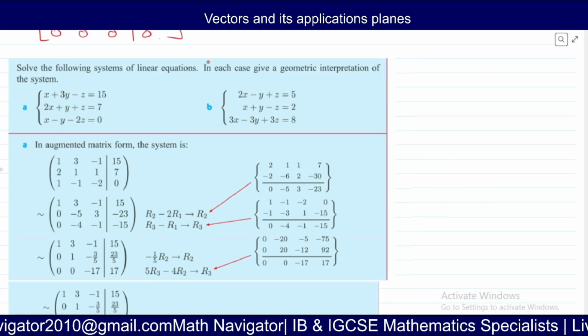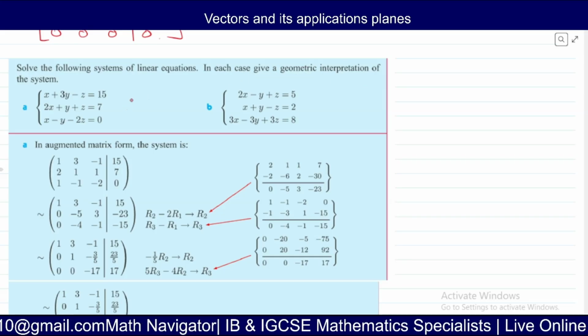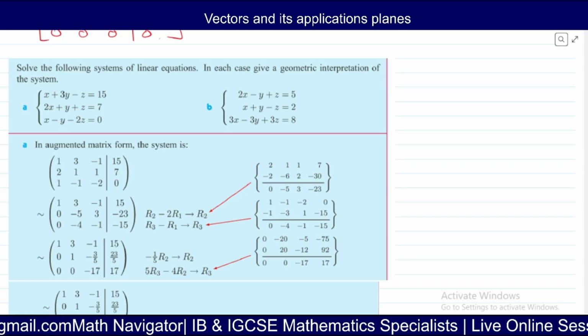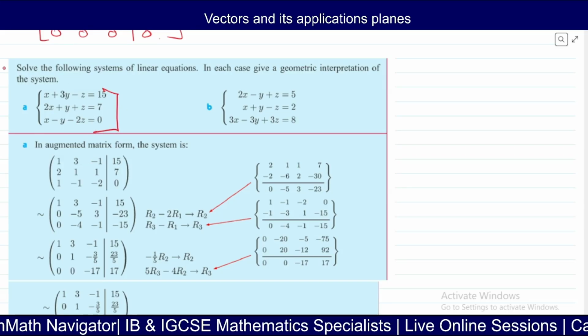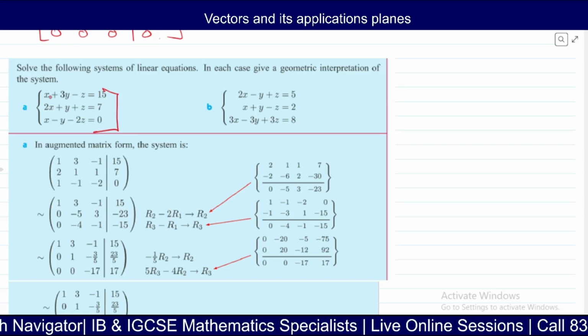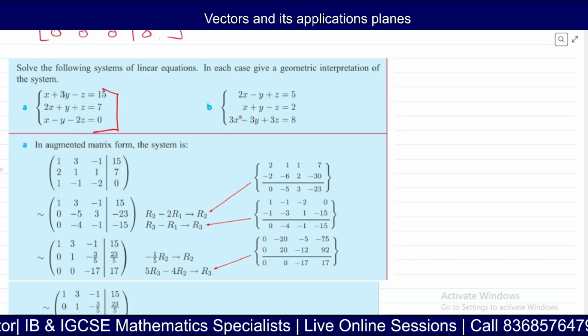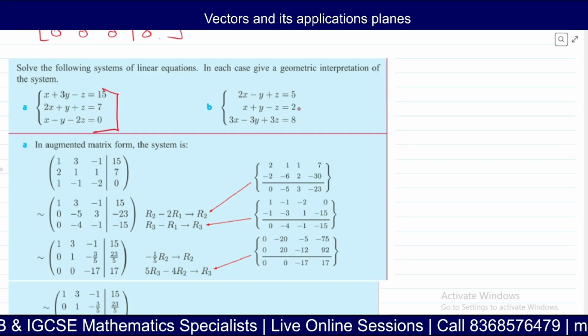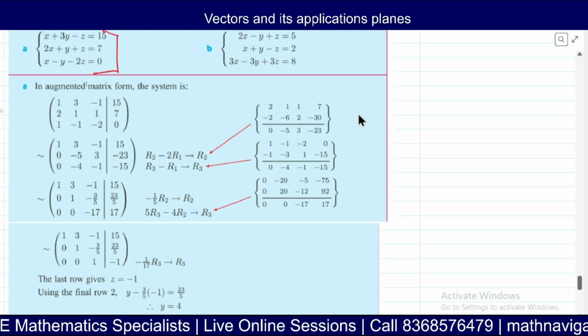Solve the following system of linear equations. In each case, give a geometric interpretation of the system. So basically, these are my three equations. These three equations are the equations of three planes, right? And these are also three equations of three planes. Now let's see what is happening in each of the two cases.